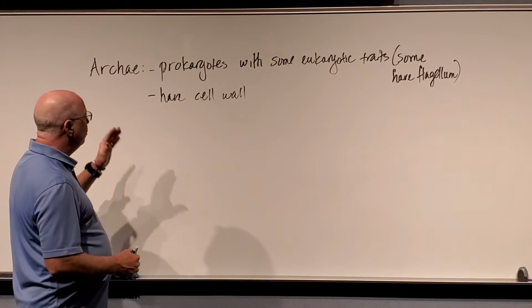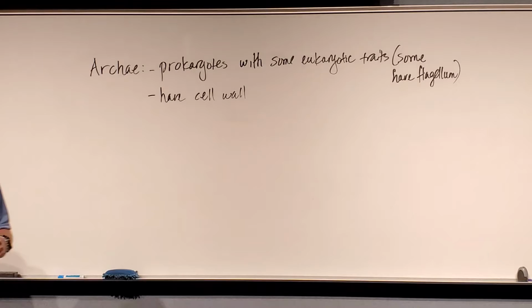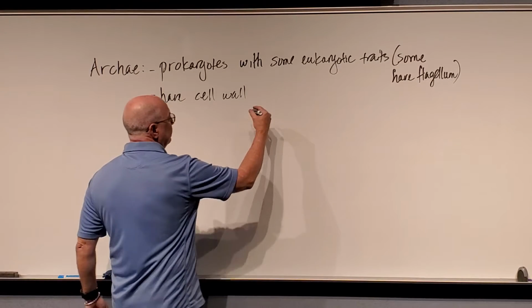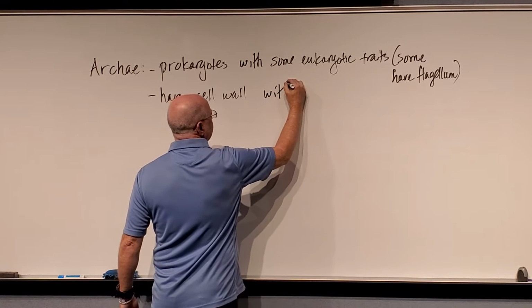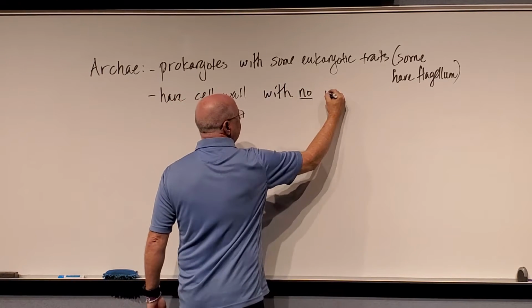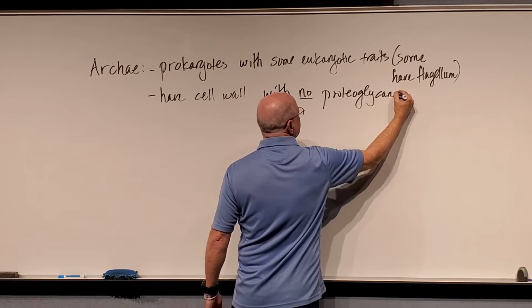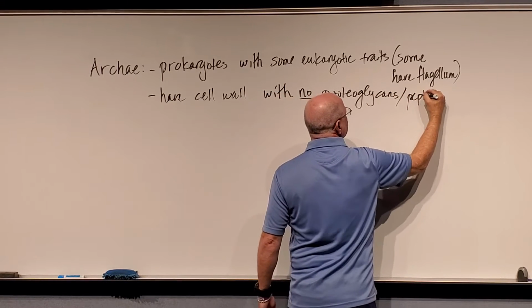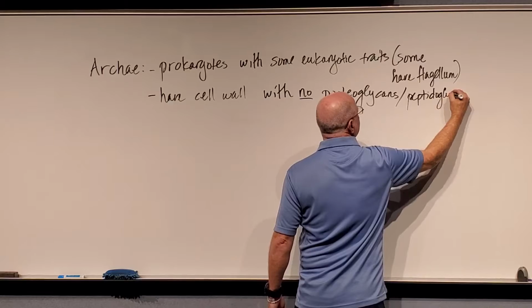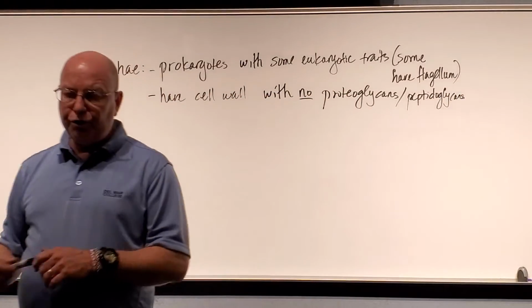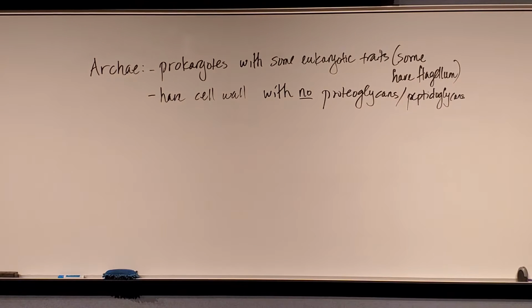One of the things we know about Archaea is that their cell wall lacks proteoglycans or peptidoglycans, okay? So, they have no proteoglycans or peptidoglycans in their cell wall, okay?